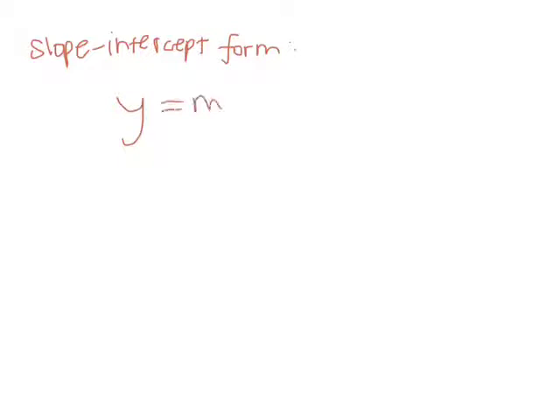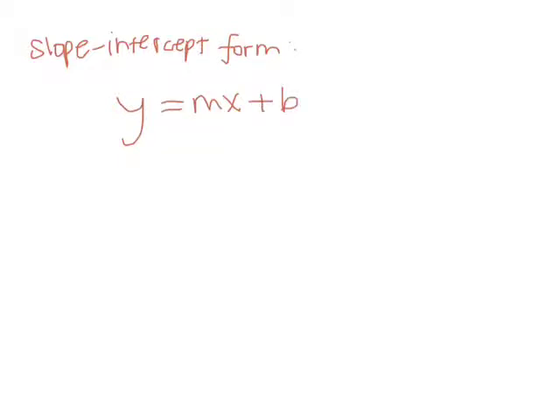So our formula is slope-intercept form. And this should be a formula that you used in math last year as well. But we'll do a quick little reminder of it. That formula is y equals mx plus b.